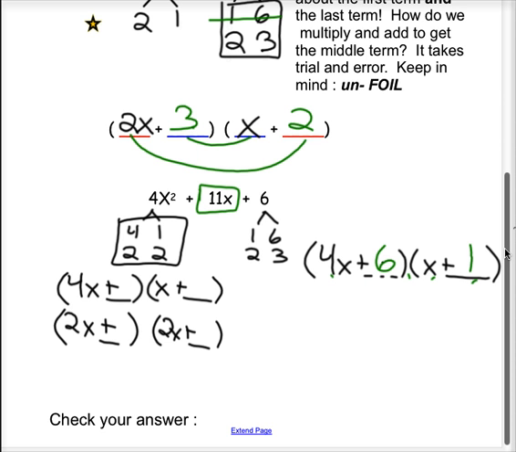So when I make my green connections this time, I'm getting 4 and 6. Well, 4 plus 6 gives me 10, not the 11 that I'm looking for. So neither the 1 nor the 6 in either place gave me what I'm looking for this time.